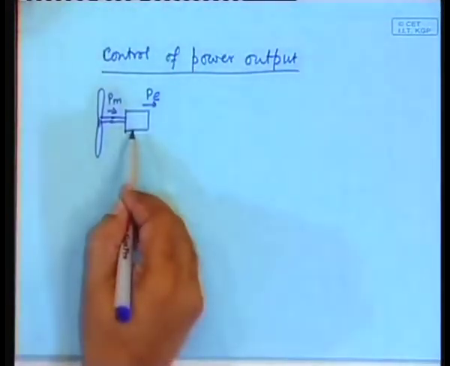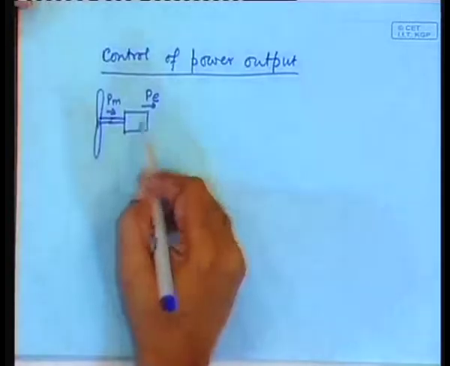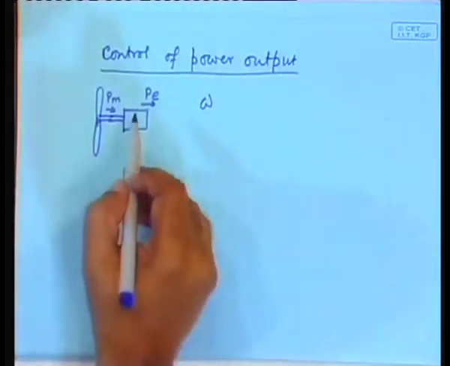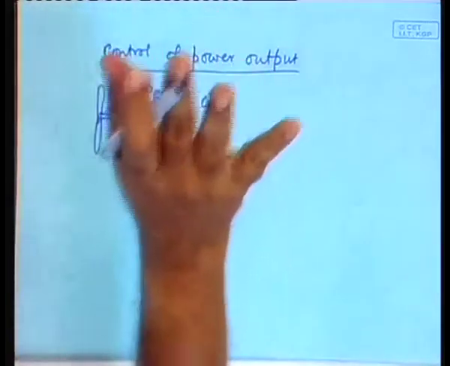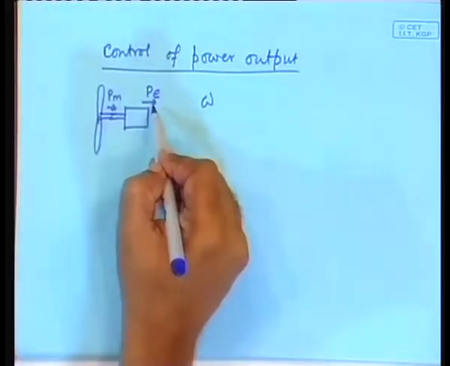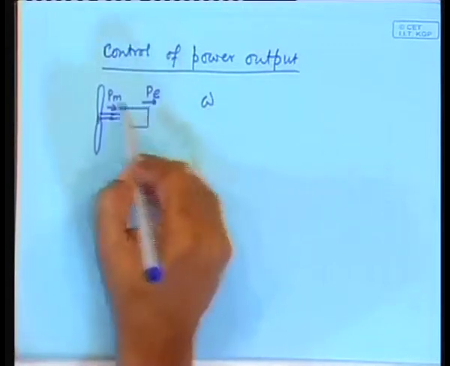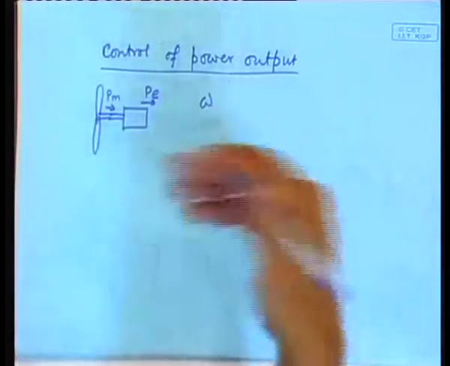Obviously, the speed will depend on the difference between the two, right. Imagine it is rotating at a specific angular velocity omega, and now the mechanical power Pm remains constant, but you deliberately reduce the electrical power. Okay, what will happen? There will be a difference between Pm minus Pe.